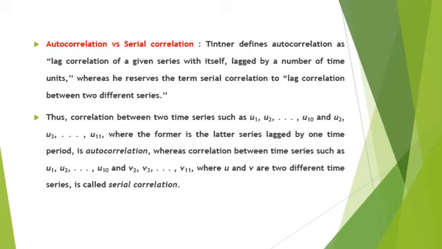Whereas correlation between time series such as u1, u2, etc. to u10 and v2, v3, etc. to v11, where u and v are two different time series and the v series is lagged by one time period, this is the case of serial correlation. Following the convention, hereinafter we will use both terms simultaneously or interchangeably.